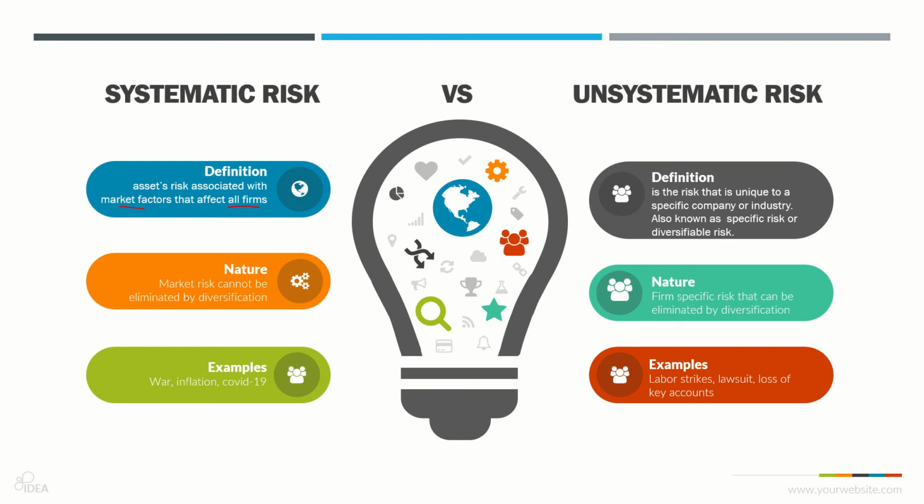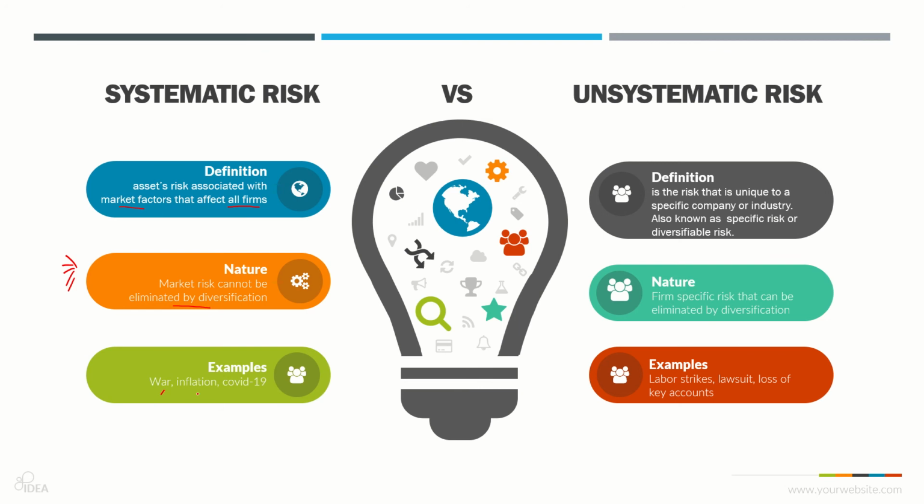Macam mana nature dia? Market risk cannot be eliminated by diversification. Dia tak boleh nak dikurangkan dengan diversification. Diversification ni apa? Diversified ni kita labur dalam banyak-banyak aset. Bukan kita labur satu saja. Itu diversification.